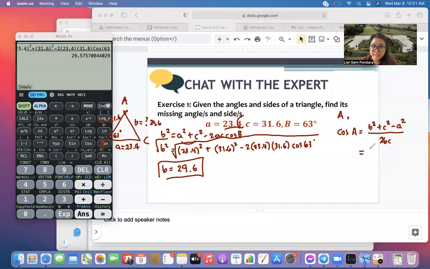That's going to be 29.6 squared plus, where's our C? There, 31.6 squared minus our A. Our A is 23.4 squared, all over 2BC: 2 times 29.6 times 31.6.